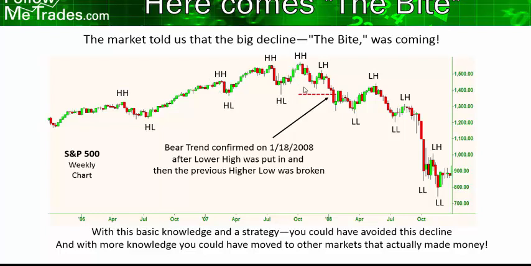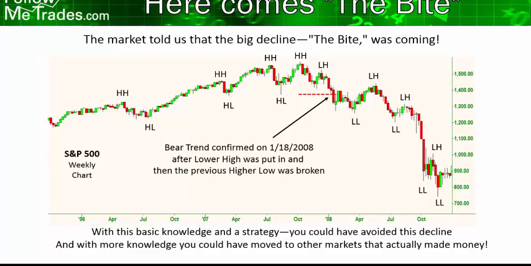And that trend is over when that pattern is broken and we put in a lower high, we break through the previous low, and at that point, when we break through this low and make this sequence of what's called lower highs, lower lows, that's the definition of a bear trend. And that trend, we can point to a specific day, January 18th, 2008, when the bullish trend was over and a bearish trend had been confirmed.